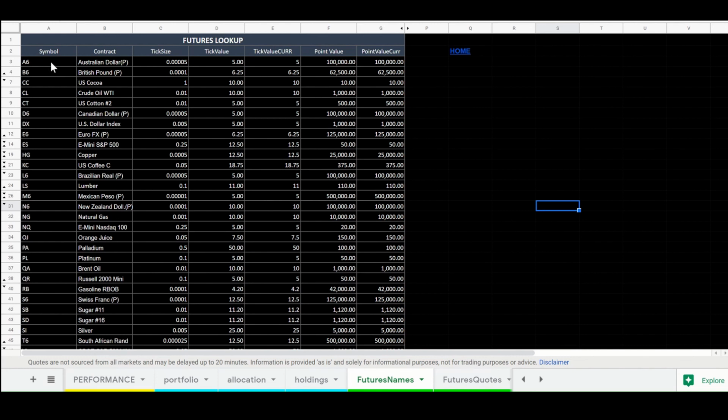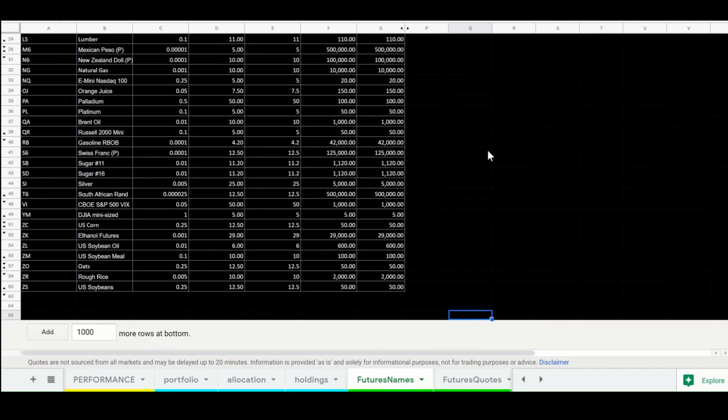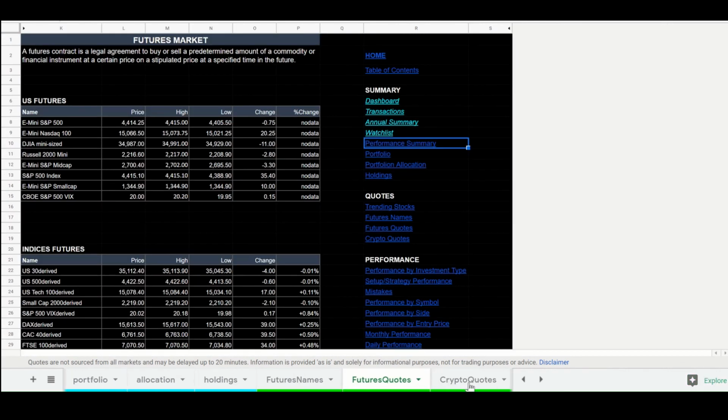So A6, B6, British pound, US cocoa, crude oil, CL, US cotton, Canadian dollar. If you want to get a list of which futures are supported, you can message me. The next item is the quotes for these futures. It's also shown here. Let's say S&P 500.